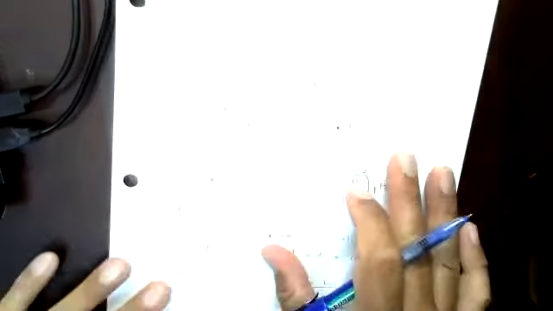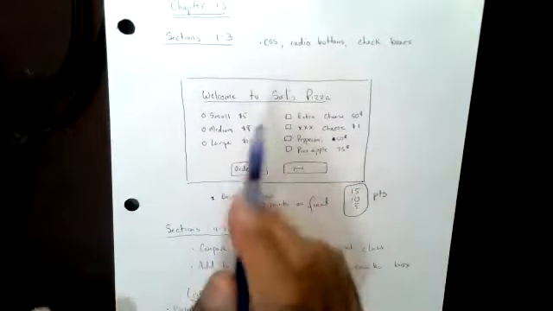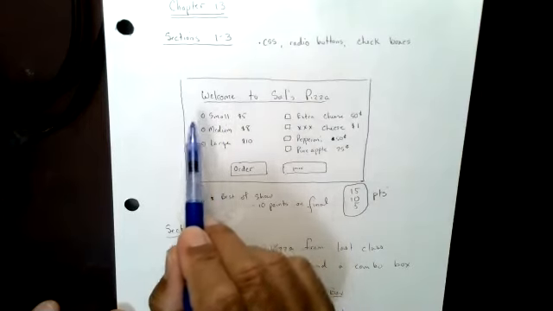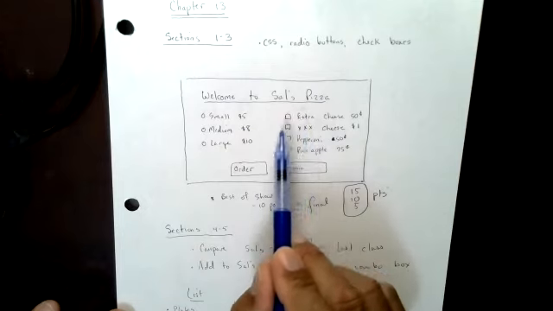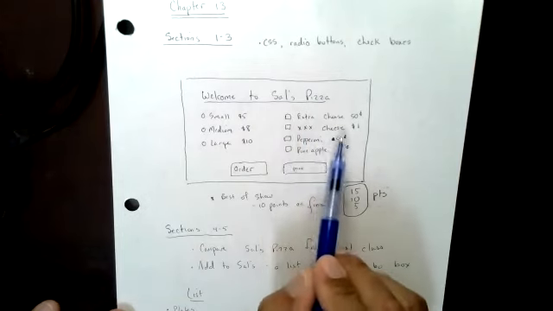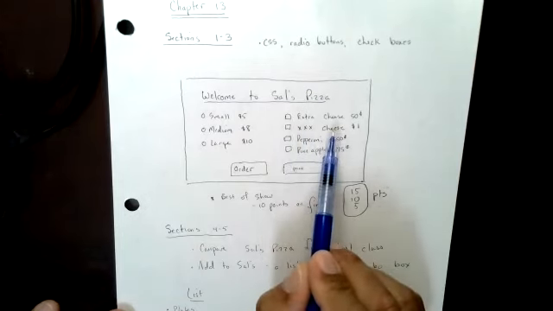So, up to this point, your Sal's Pizza had radio buttons on, and your Sal's Pizza had check boxes. And we played around, and hopefully you started that. I know Long did.